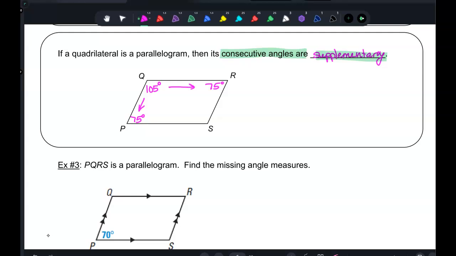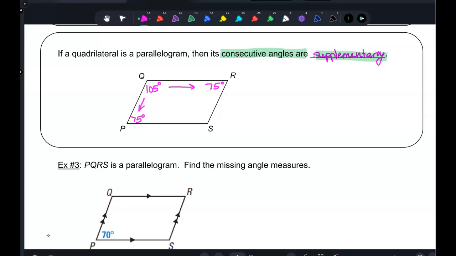Back when we did parallel lines, we had something called same side interior, where if you have parallel lines and I gave you, let's say, 55, same side interior angles have to add up to 180.